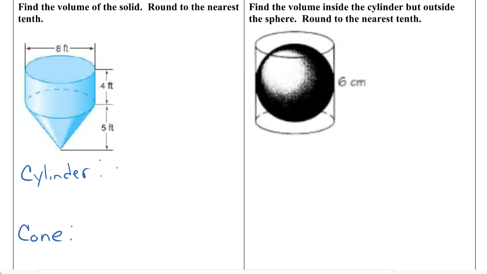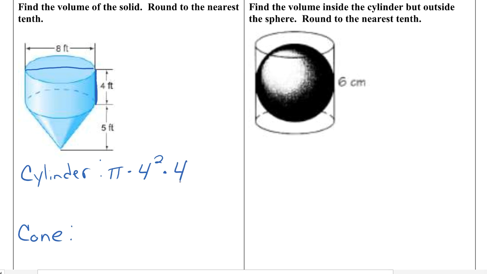So for the cylinder, we've been working with pi times radius squared times height. So I can see that the diameter of my cylinder is 8, which means that my radius is going to be 4. And this is where it gets a little tricky. The height is only the height of the cylinder, so it's only going to be this 4 feet measurement.